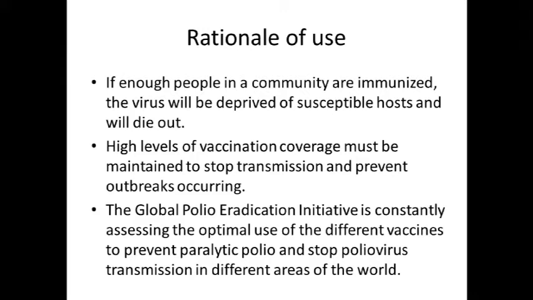With reference to this, the Global Polio Eradication Initiative is constantly assessing optimal use of different vaccines. So as we discussed earlier, there are several types of vaccines available and they have been under constant development, with the aim only to prevent paralytic cases of poliomyelitis and also to stop the transmission of the virus in different parts of the world. As of now, there are 3 countries which are considered as endemic for poliomyelitis.